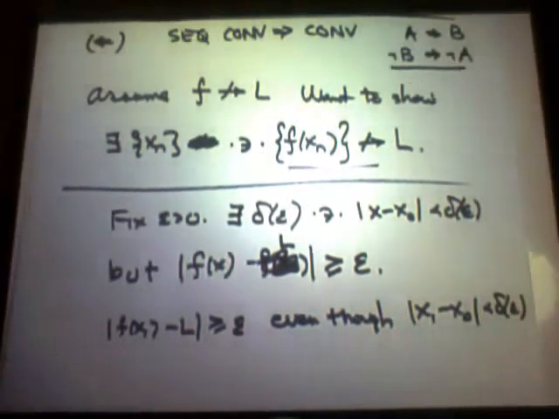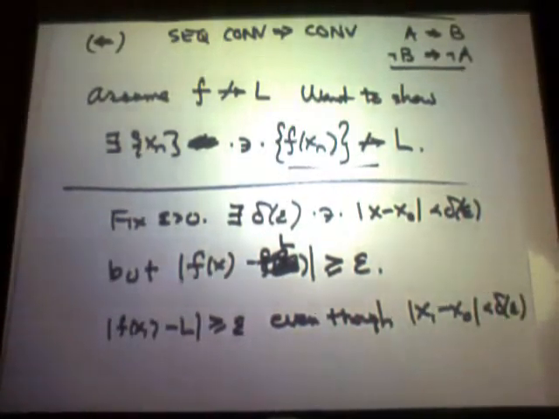But at every stage of the game, f of x_n is no closer than epsilon from L, right? You believe that? Because f doesn't converge, I can always do that. There's always some rogue value that I can pick that puts me at least epsilon away, even though I'm within some tolerance around x naught.